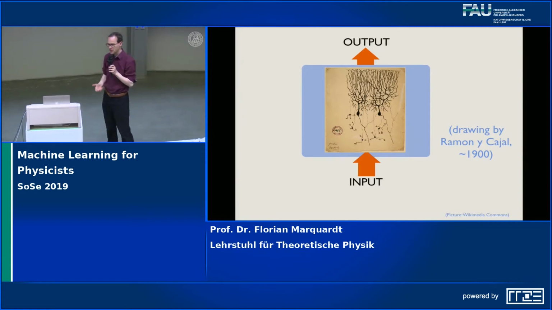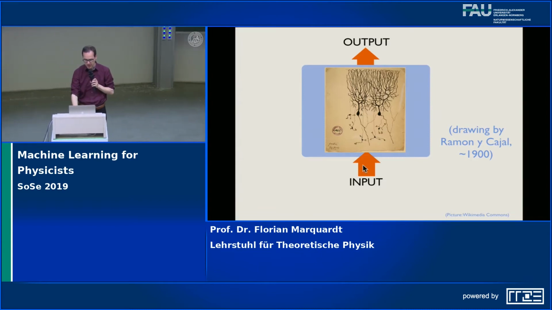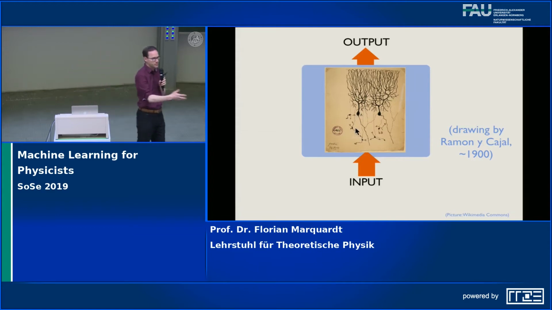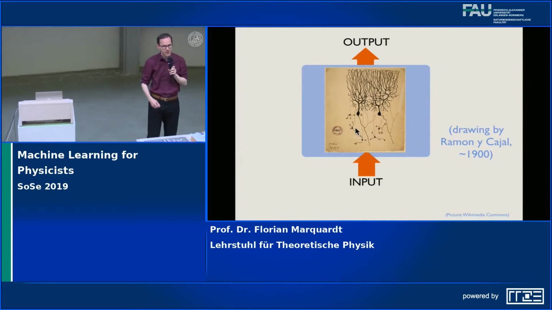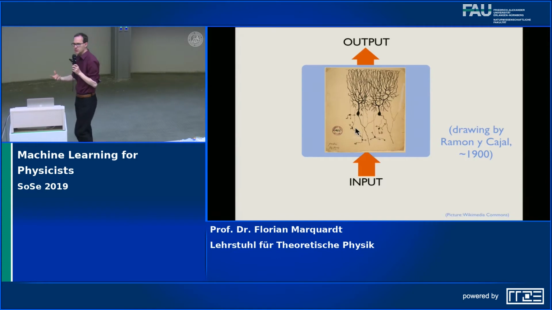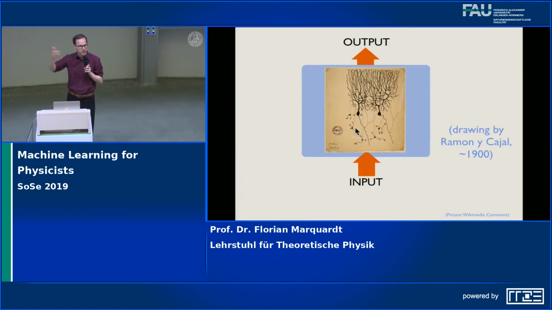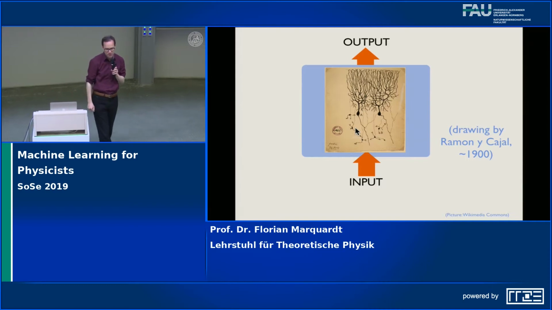He was one of the pioneers of investigating neurons in the brain. And so here you see that these are the bodies of these neuronal cells, and then there are many branches by which they can be connected to other neurons. And then there will be electrical signals traveling between all these neurons, and you can view these neurons as kinds of switches. And so if one gets activated, maybe another neuron also gets activated, and so on.